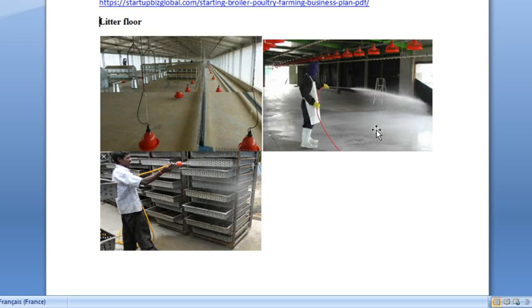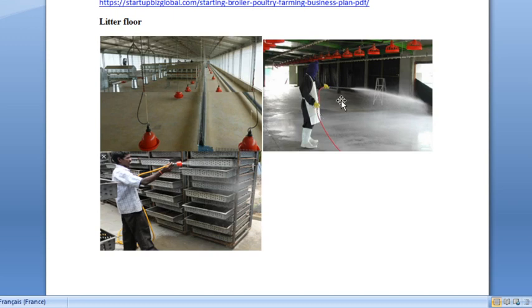Here the picture presents empty poultry farmhouses being disinfected. You can see here one worker respecting the biosecurity measures. You see the boot, you see the head is well capped, and also the eyes are protected.